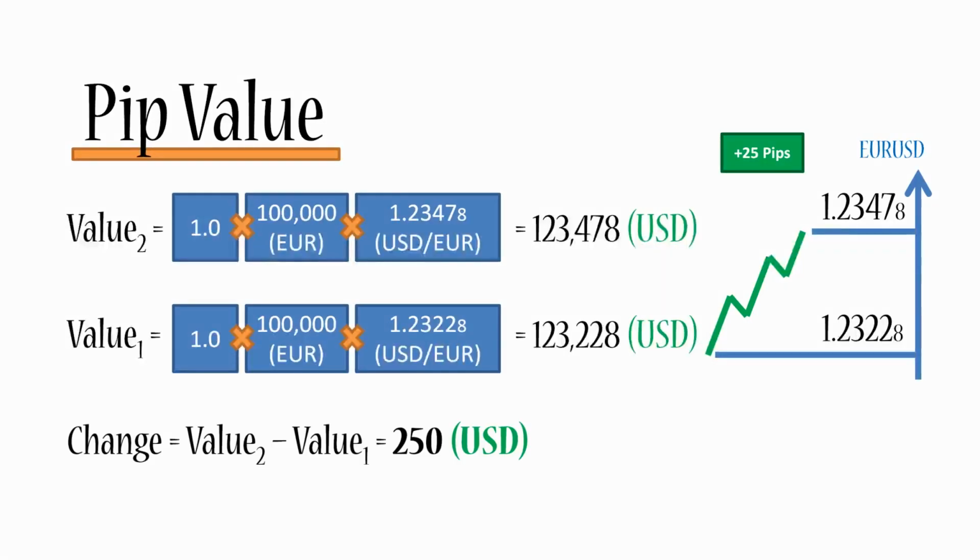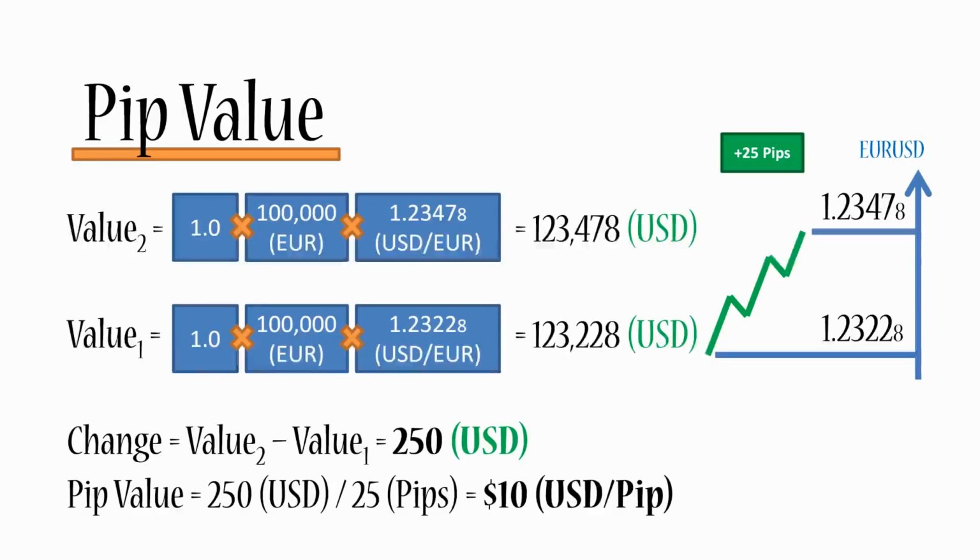The change in value is equal to value 2 minus value 1. And in this case, it's $250. And obviously the pip value is going to be equal to the change in value divided by the change in pips. And in our case, it's $250 divided by 25 pips because, as you can recall, the price moved up by 25 pips. And that gives us a pip value of $10 per pip.